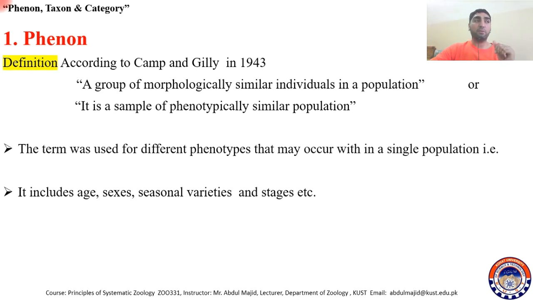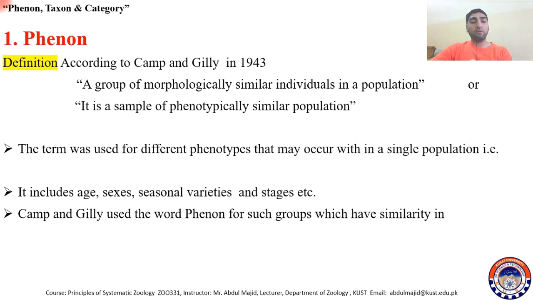And there are metamorphosis stages like the eggs, then the pupa, the larva. All the larvae, like caterpillars, have a similar shape, so you can say that is one phenon. And then the adults are another phenon.